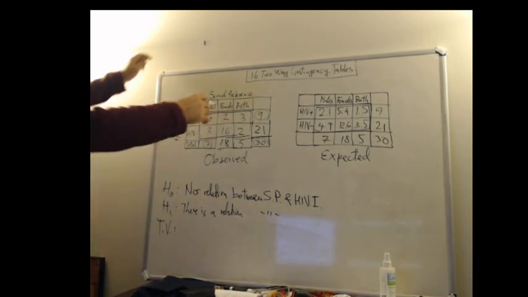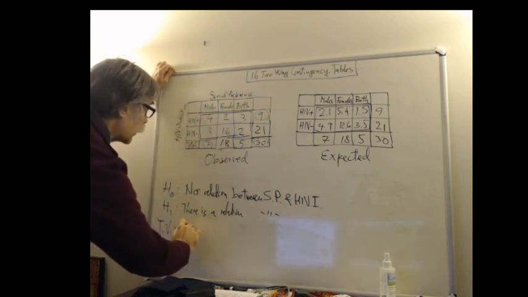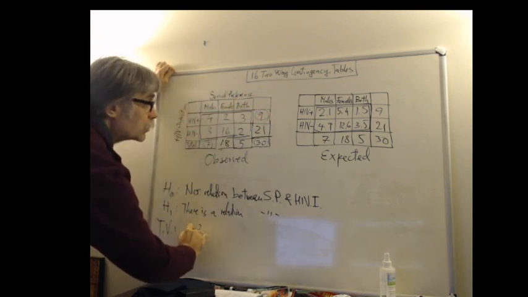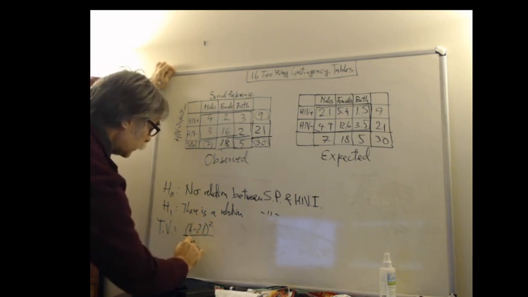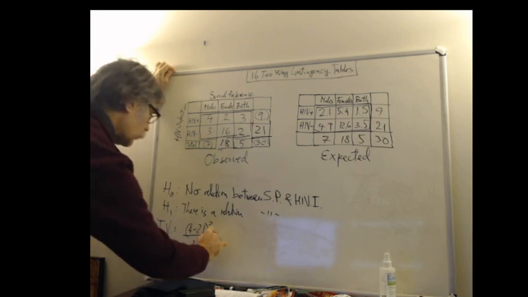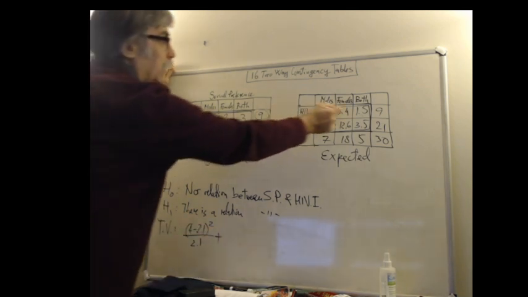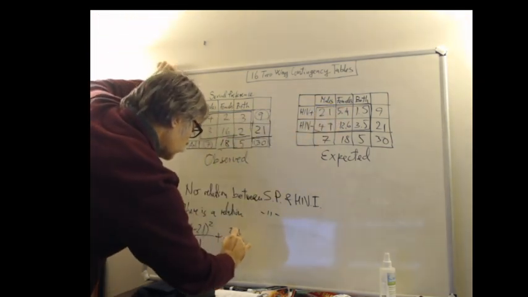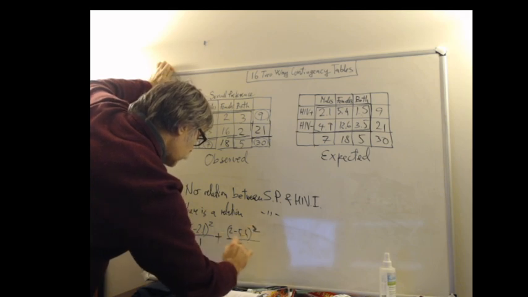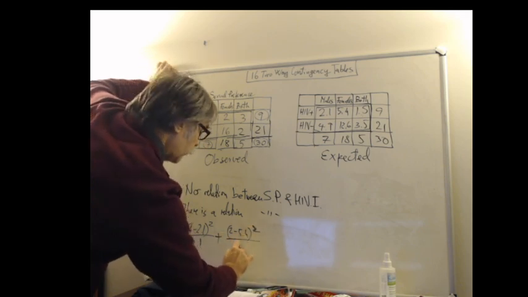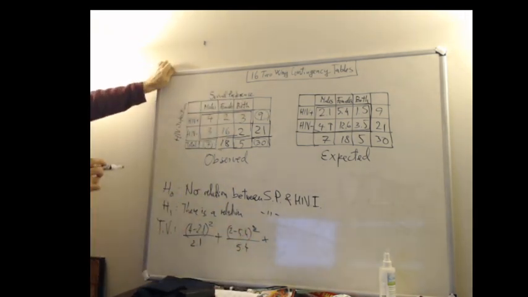All you have to do now is to subtract: you subtract the actual 4 minus 2.1, you square that, so this is the Pearson theorem, you divide it with 2.1, plus, this cell is 2 minus 5.4, you square that, you divide it with the 5.4 expected value. This is the same thing we did in the past.